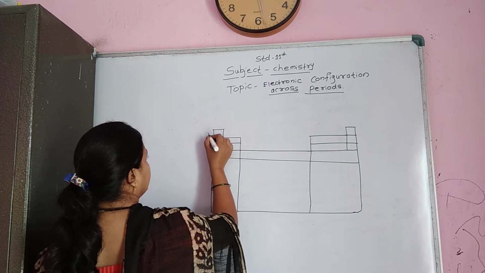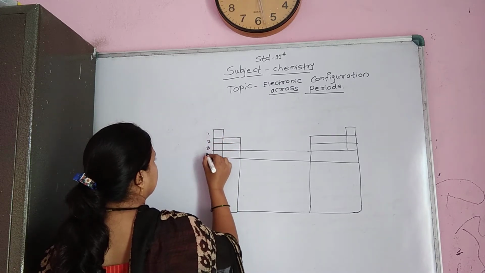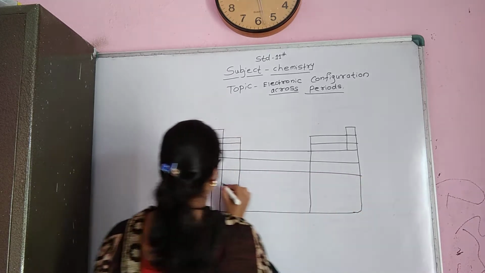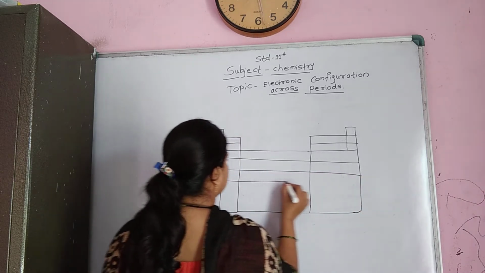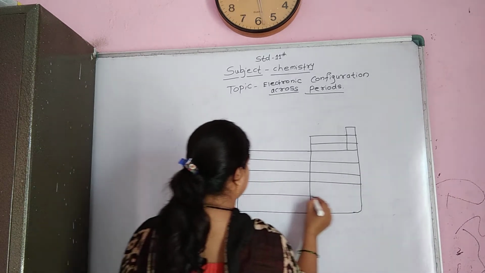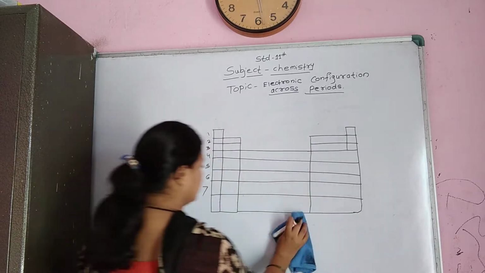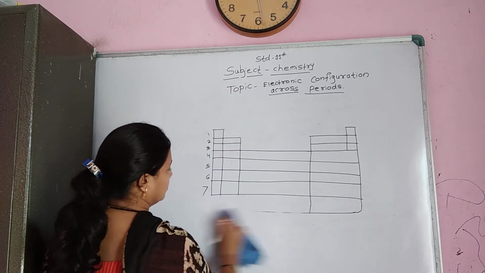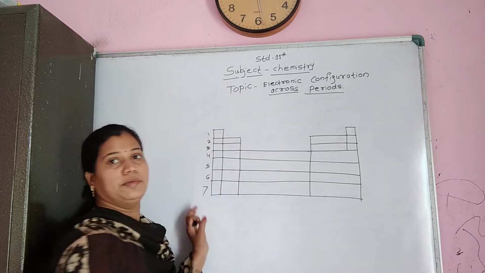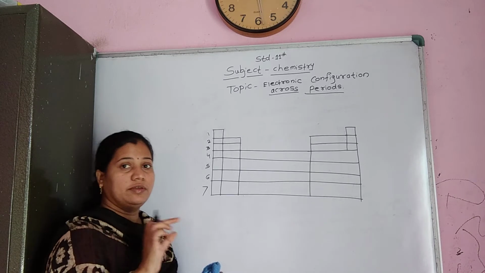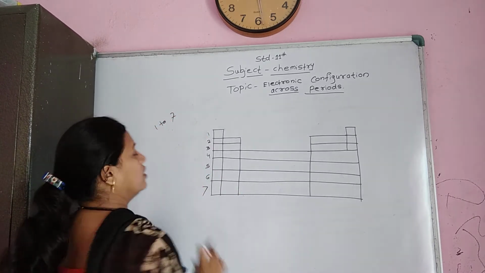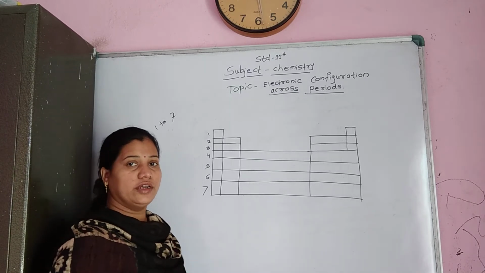One, two, first period, second, third, fourth, fifth, this is sixth and seventh. So listen, the modern periodic table contains a total of 7 periods, and these are numbered from 1 to 7.